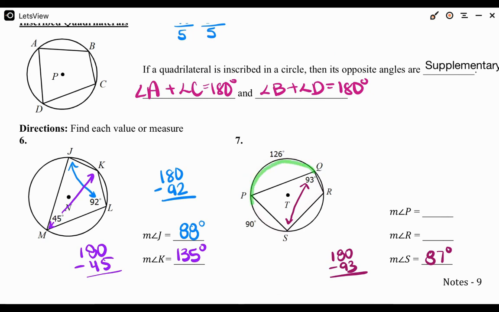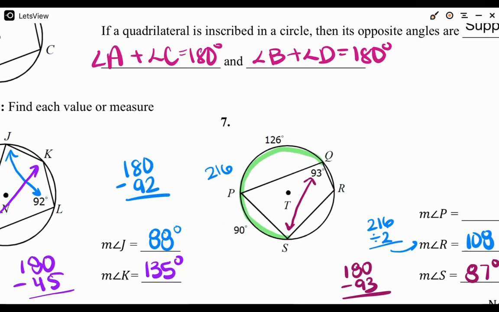So QPS is 126 plus 90. So this whole thing is 216. So to find R, that's 216 divided by 2. And that's going to get you R. So that's 108. So in our picture, we know that this is 108.